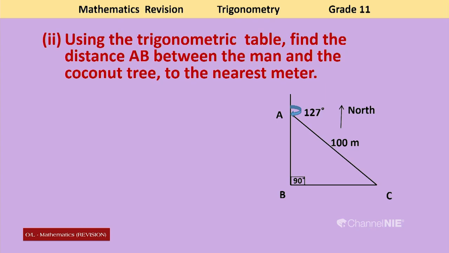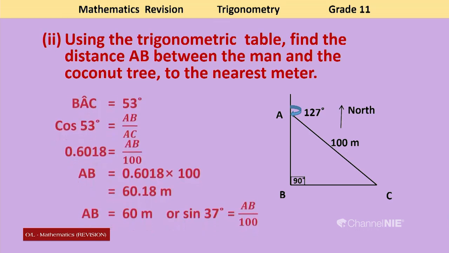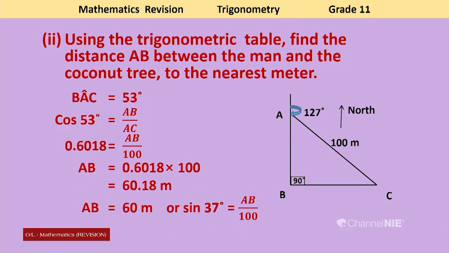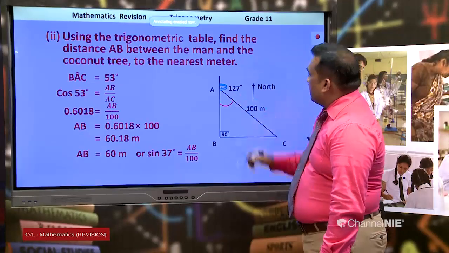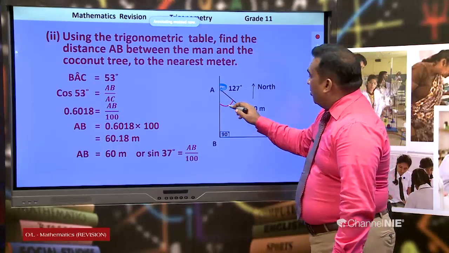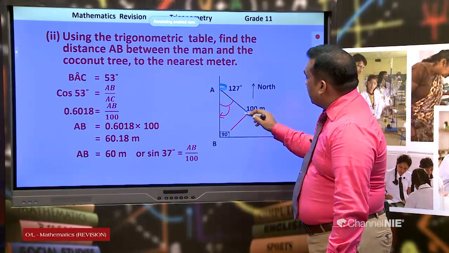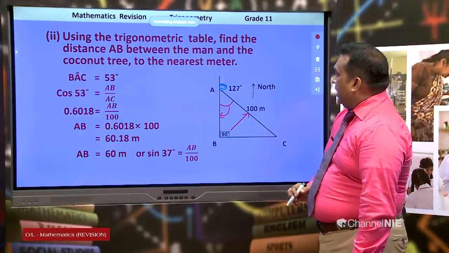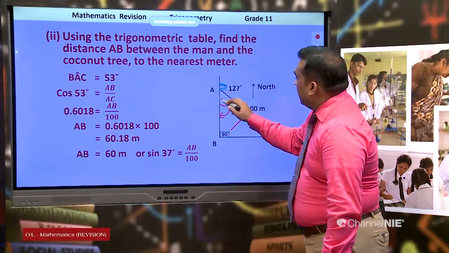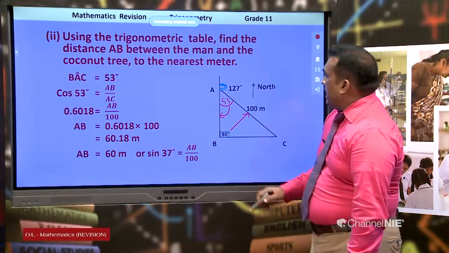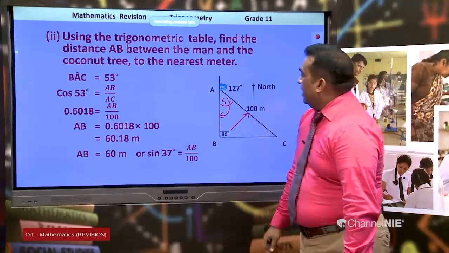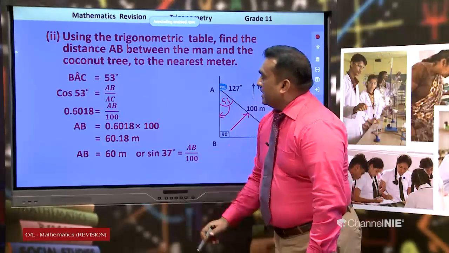AB, we will see according to the angle. This angle is 53. This is called the adjacent side. This is our hypotenuse. Therefore, cos 53 equals adjacent side AB over hypotenuse AC.